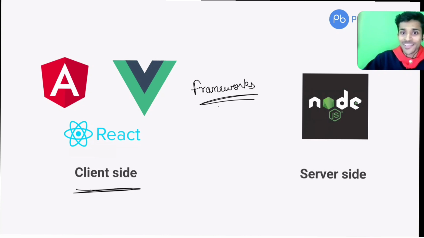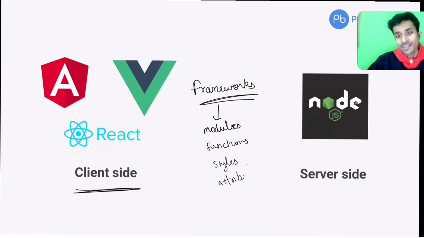A framework is basically a bunch of modules, functions, styles, attributes, lots of things compiled together. You are going to be using HTML, CSS, JavaScript, yes, but there will be pre-built components that you can utilize.